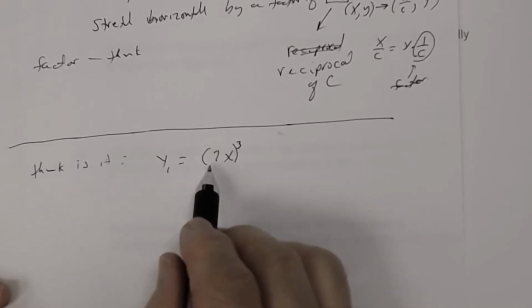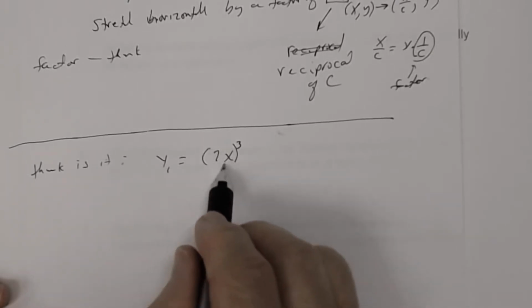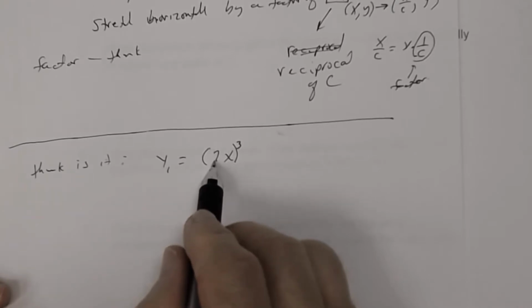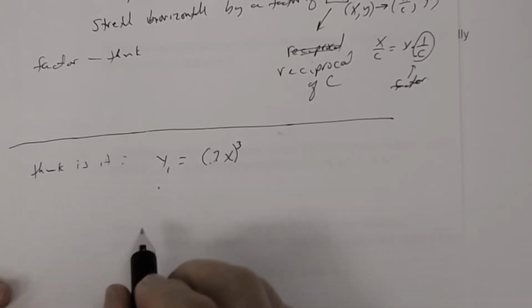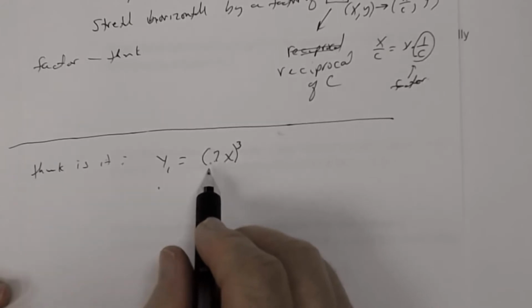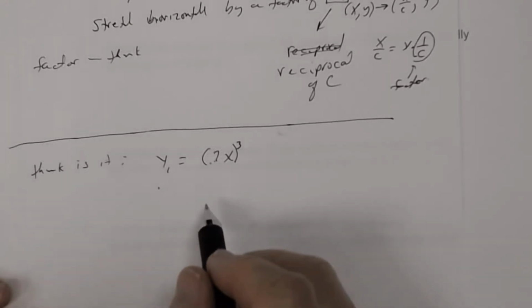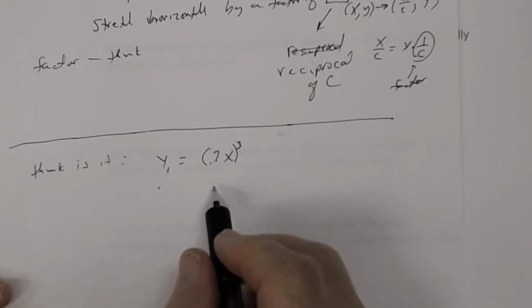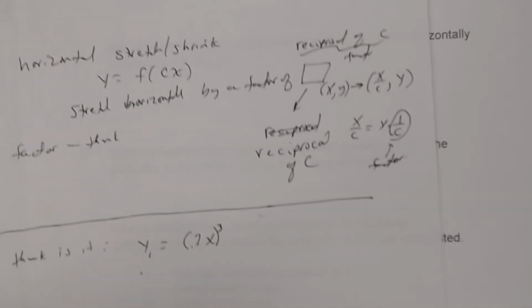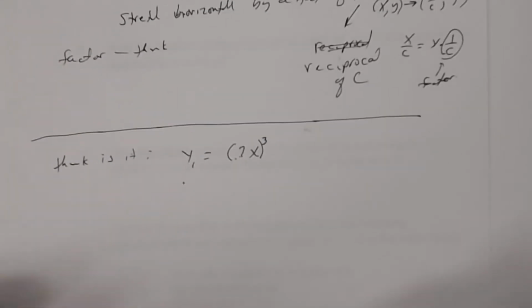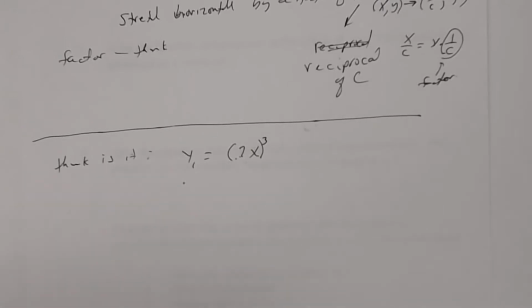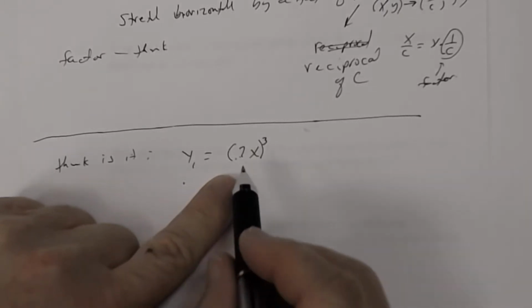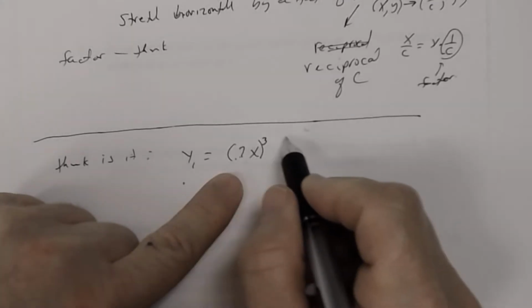So remember, this is c, right? So if this is c, are you going to say I'm stretching by a factor of 7, or are you stretching by a factor of 1 over 7? What is it? Okay, so if you wrote this, and listen carefully, then you're saying c is 7.